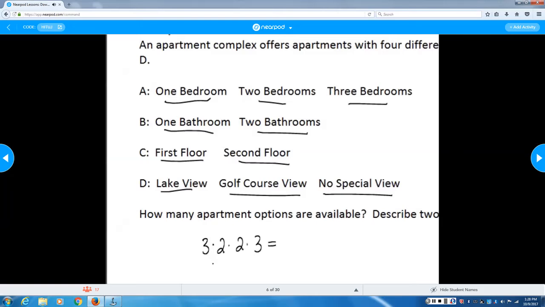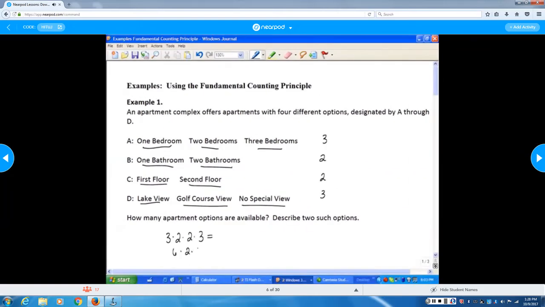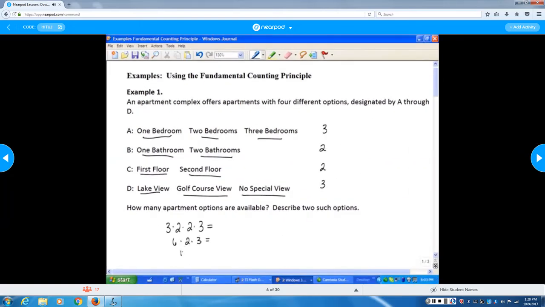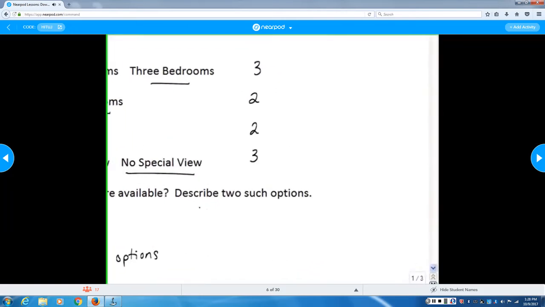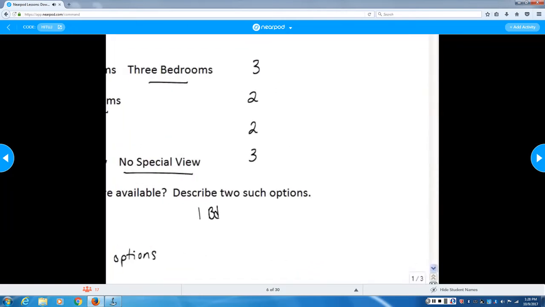All right, so I've got 3 times 2 is 6, times 2, times 3. And then 6 times 2 is 12, times 3 is 36. There are 36 different options available. One of those options would be a 1-bedroom, 1-bath, first floor Lakeview apartment.